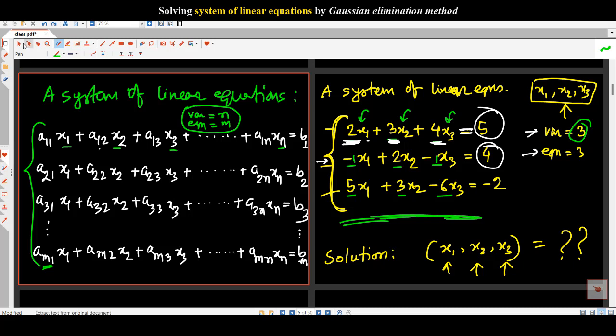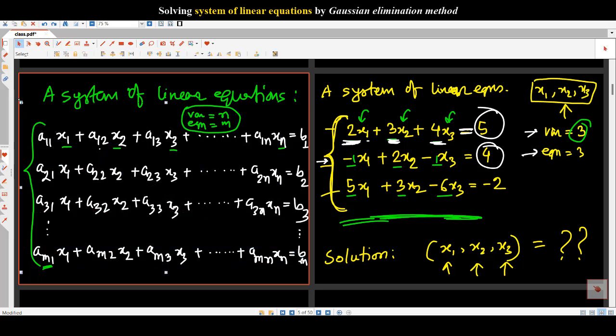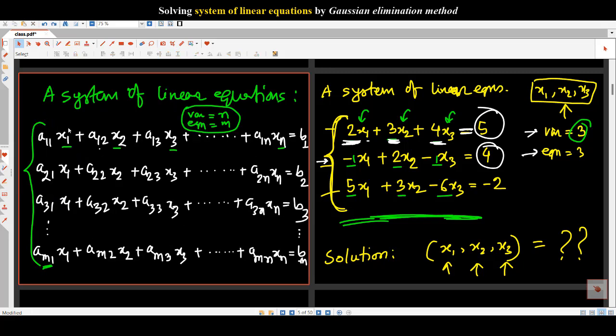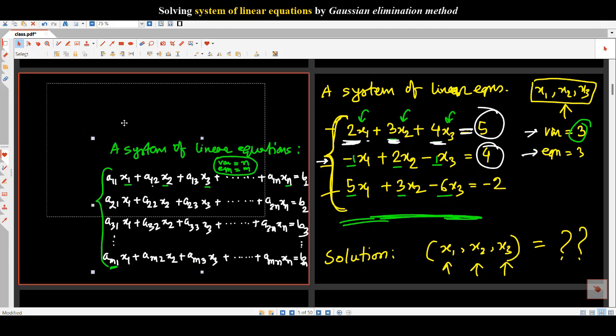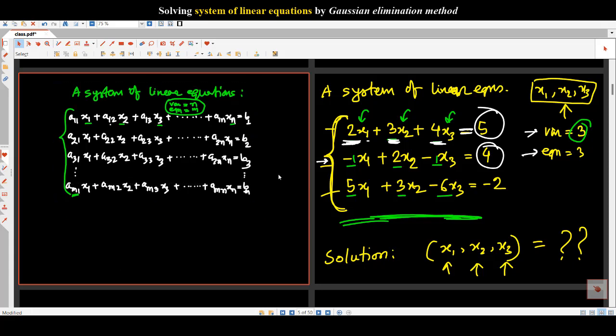Now, from this system of linear equations, if we want, we can transform these equations to matrix notation, and that will be easier to write. So the easiest short form is this one. Whatever we have here can be transformed to matrix form.